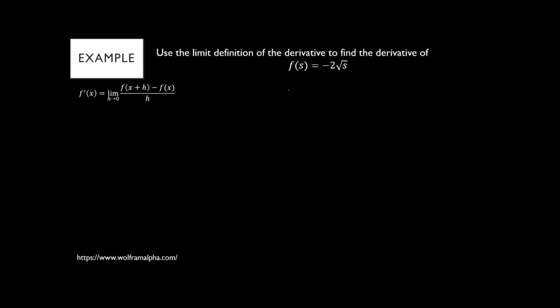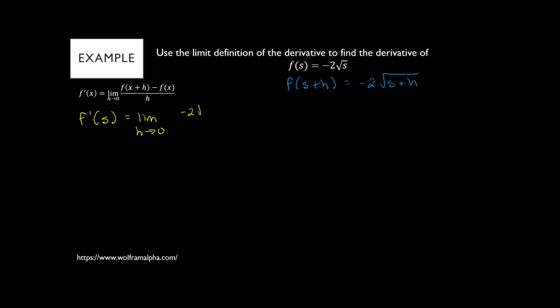So first, instead of f of x plus h, it's going to be f of s plus h, because that's our variable here. So we have -2 times the square root of s plus h. So instead of f prime of x, it's f prime of s. You're still taking the limit as h goes to 0.